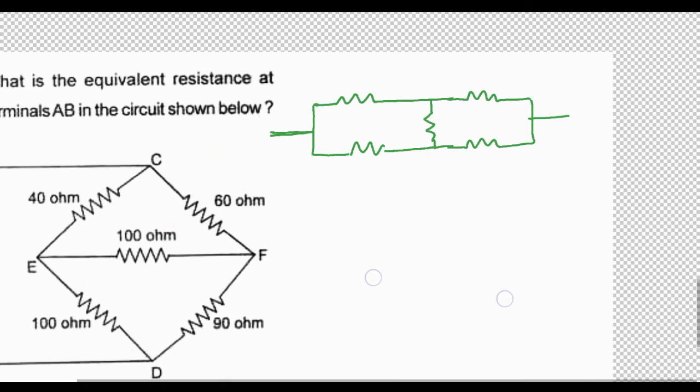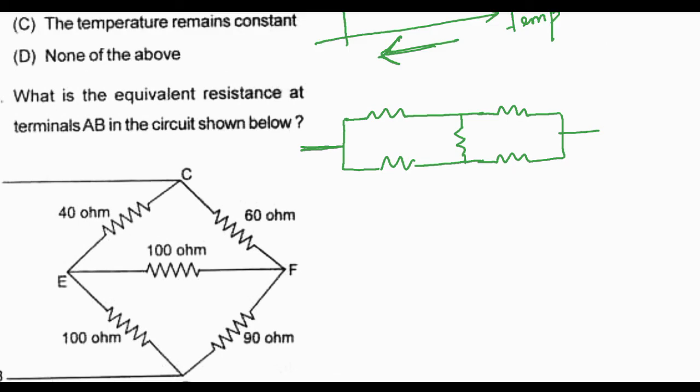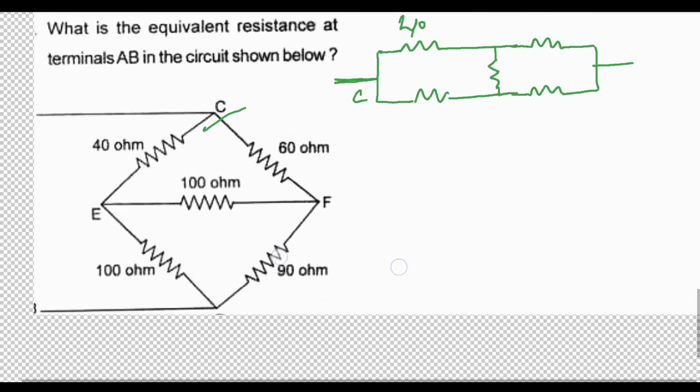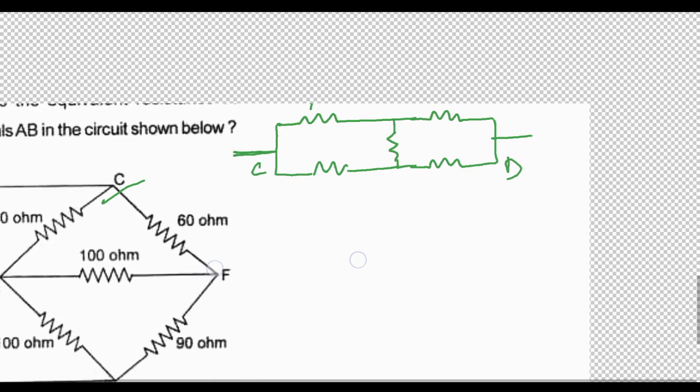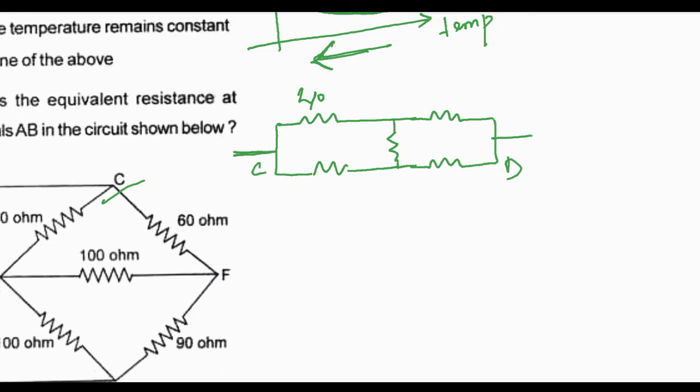Suppose this one is 40 from this side, this one is C, and this point is D, and this is 40, this one is 60 ohm. Here this one is 100, this one is also 100, and this one is 90.